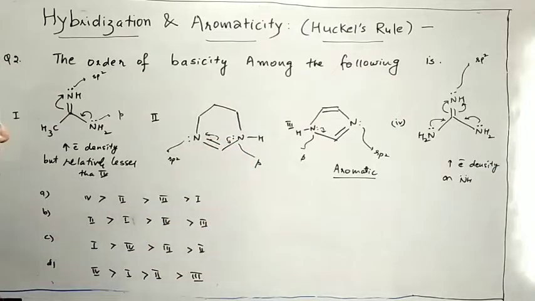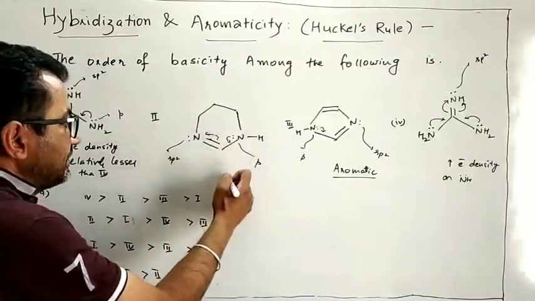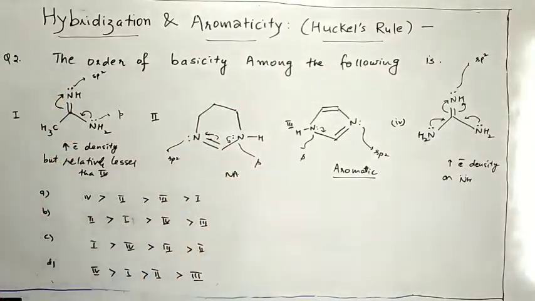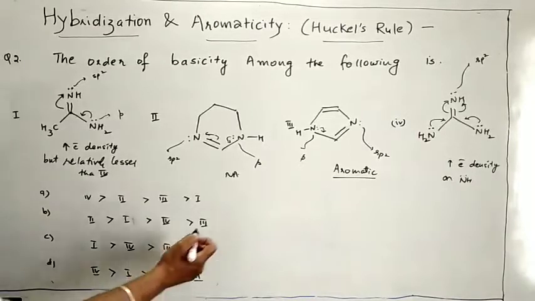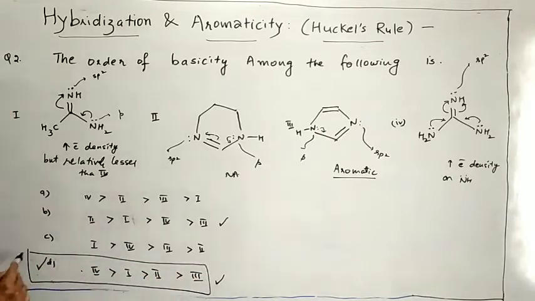Non-aromatic compounds are less stable than aromatic ones. This is sp3, sp3, sp3, so that's why you say it is non-aromatic. Except 3, all are non-aromatic. It means compound number 3 will be the least basic. Compound number 3 is least basic here and here, and compound number 4 is most basic here. So overall your correct answer is option number 4.